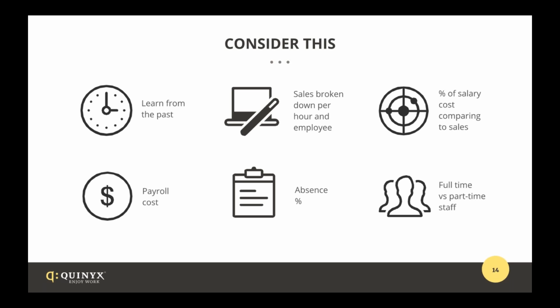It is, I would say, pretty common that we find out that you are too heavy on the full-time staff part, so you are forced to add hours to the schedule that you don't actually need. So you might need to add too many 8-hour shifts during a day, but you might only need 6 or 4 hours, and so on.